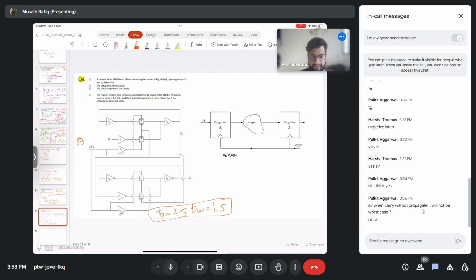So, do it. Find the setup time and find the clock to Q time. If you remember the formula, you will just give the answer right away. But if you know the concept, you will just look at the circuit and you can also figure out what will be the delay.